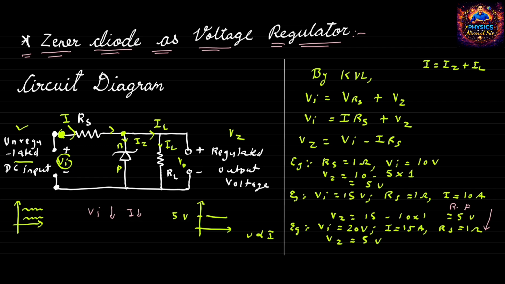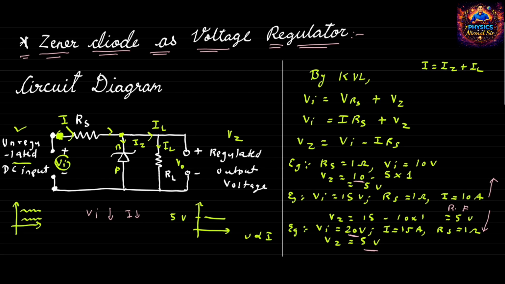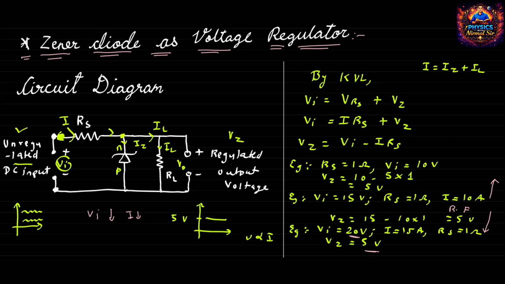Now if you increase the value of Vi, you will still get 5 volt, and if you decrease the input voltage, for example here it was around 15 volt, right? If you decrease it to 10 volt, then also you will get a constant voltage of 5 volt.